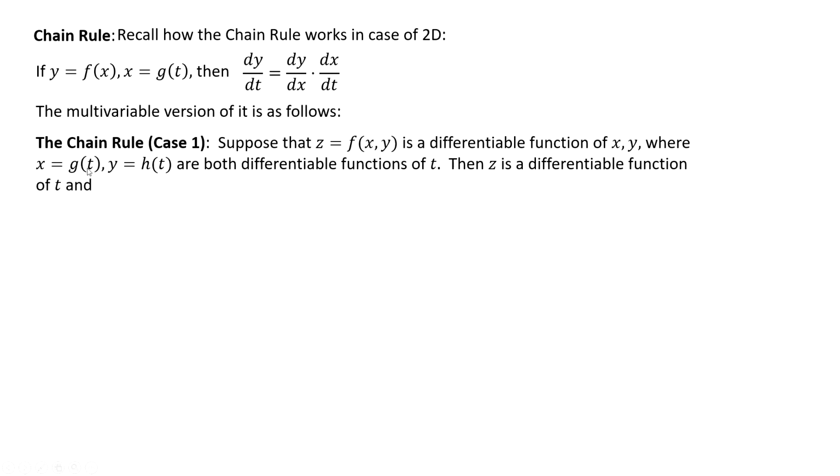Do you remember back in the previous chapter, if z is a function of x, y, x is a function of t, y is a function of t, then z is going to be a space curve.